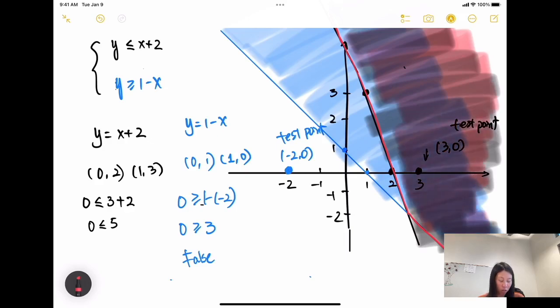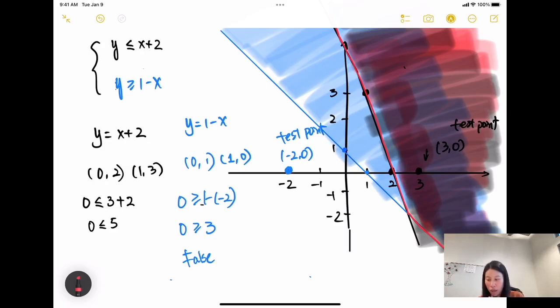This is going to be our solution. What is the difference from a single linear inequality? Everything is the same except that for a system of linear inequalities, you're trying to find the overlapping shaded area. That would be the solution.